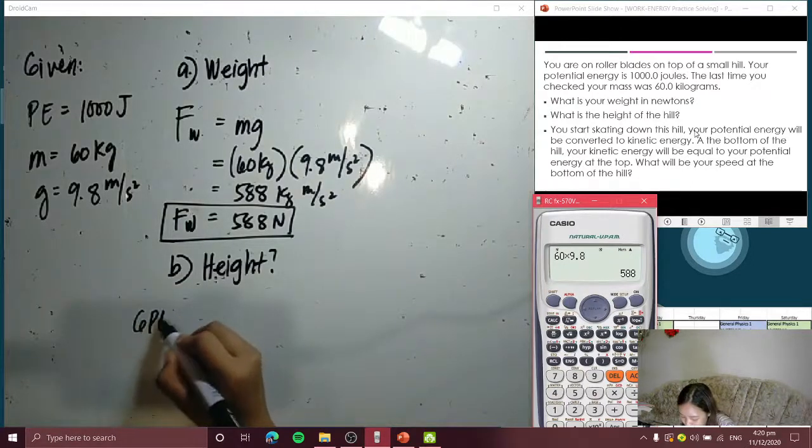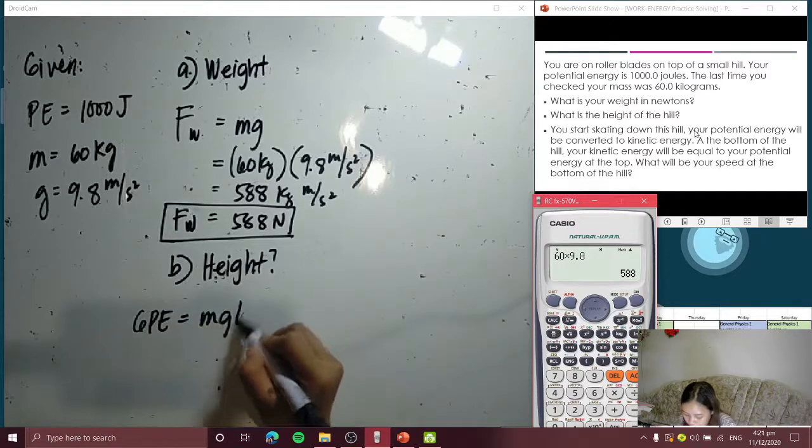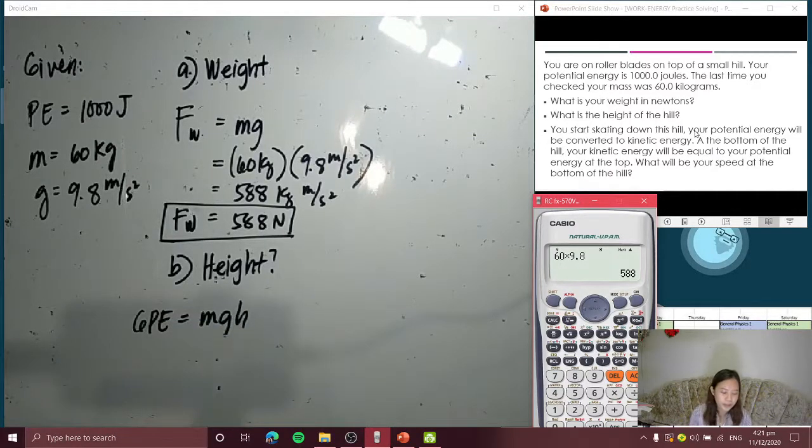So GPE is equal to mgh. That is the equation we will use first.